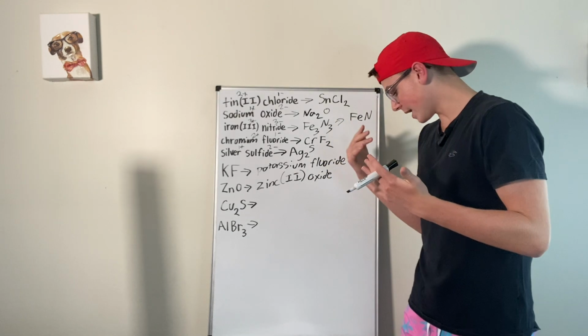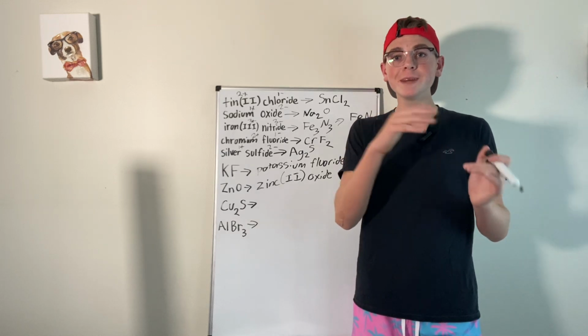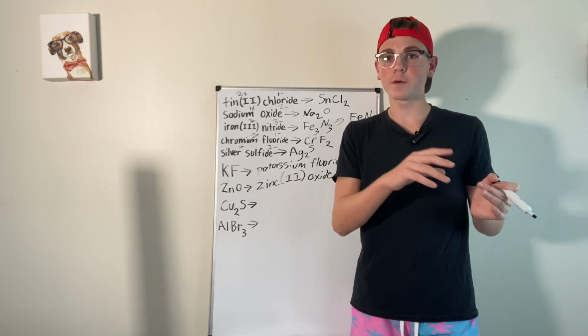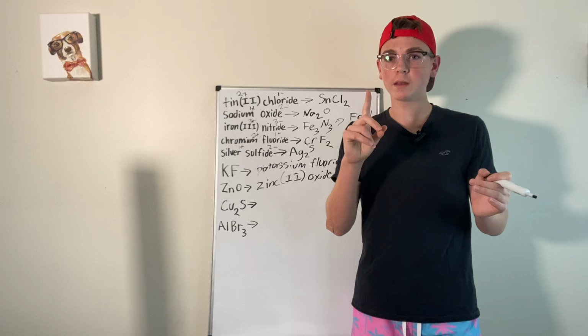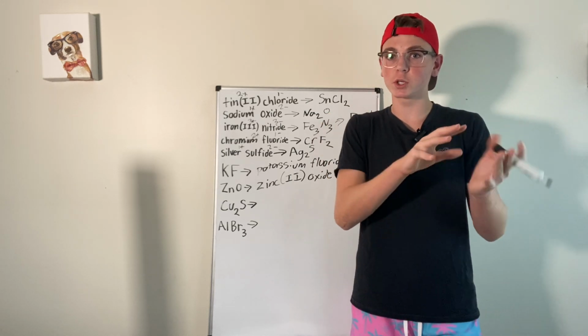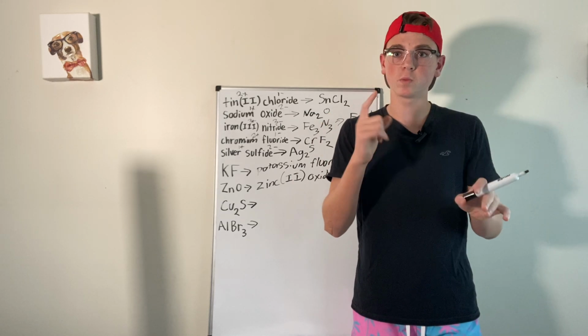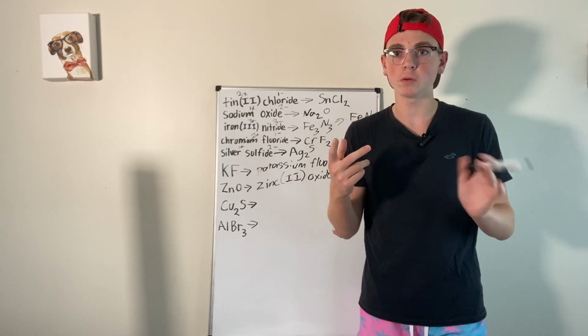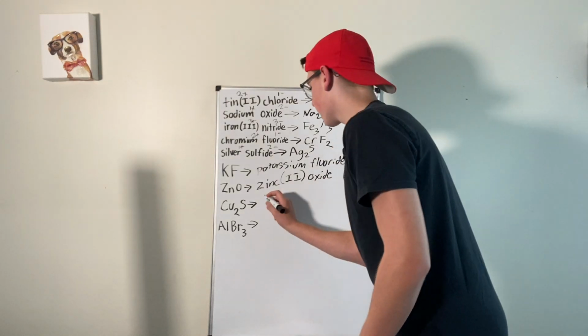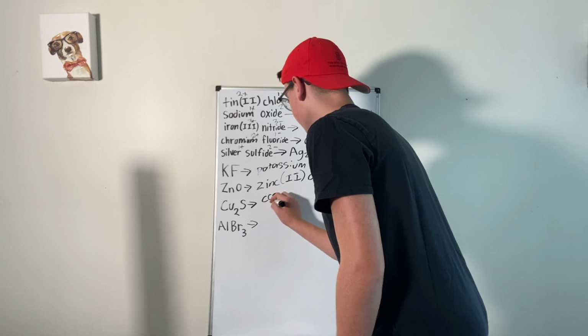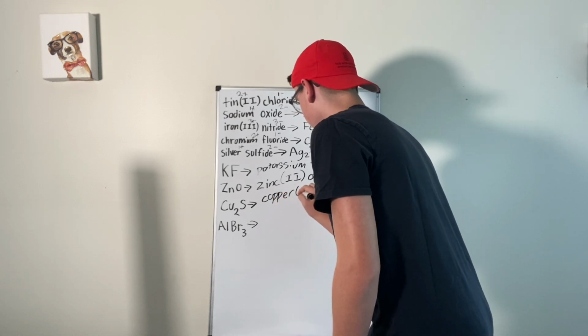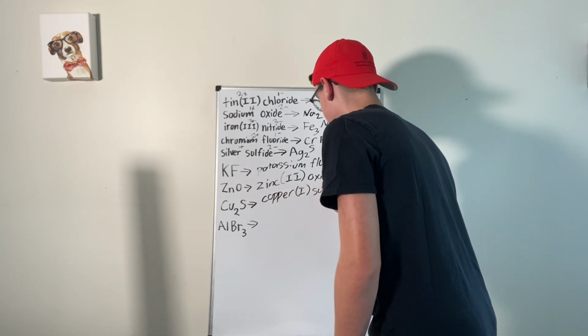Well, sulfur has a charge of 2 negative. So if you need 2 coppers for 1 sulfur, then your charge of copper is 1, because 1 times 2 would be 2. So that would even it out. So you are going to say copper 1 sulfide.